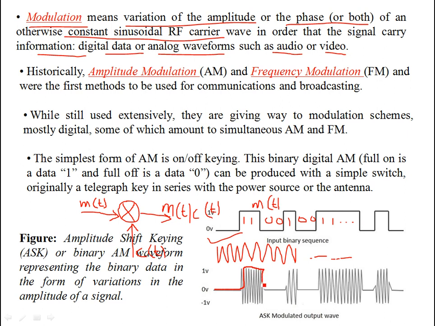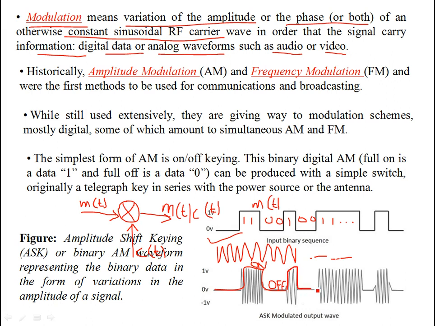When there is no data, the output is 0. So you have a series of on and off states. So this is a simple case of binary on and off keying. So for example, when there is data, the switch is on, so you have the carrier sent through. If there is no data, there is 0, then the output is 0.